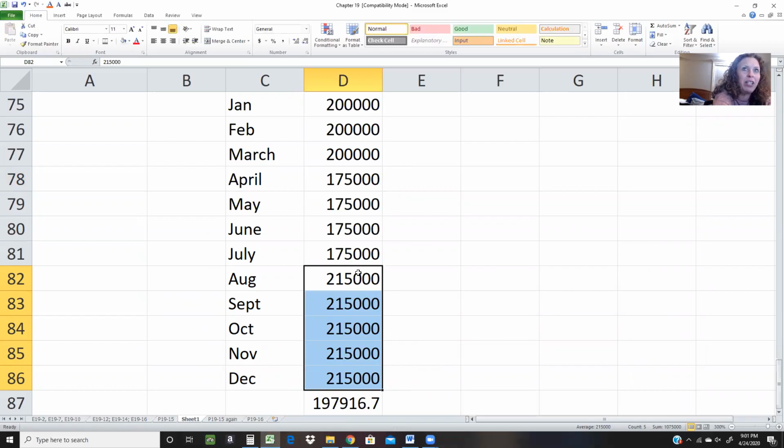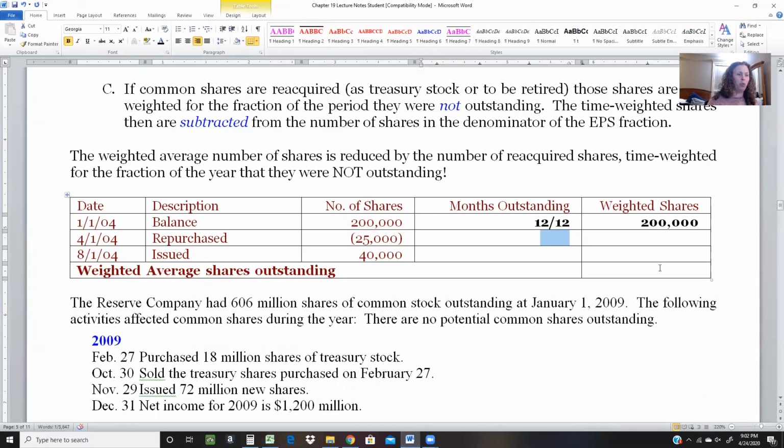Like literally what we're trying to do is calculate the number of months. So on this April 1, we're going to remove 25,000 shares from April through December. Let's go back over here. April 1 through December 31 is 9/12. So this is going to be a reduction.